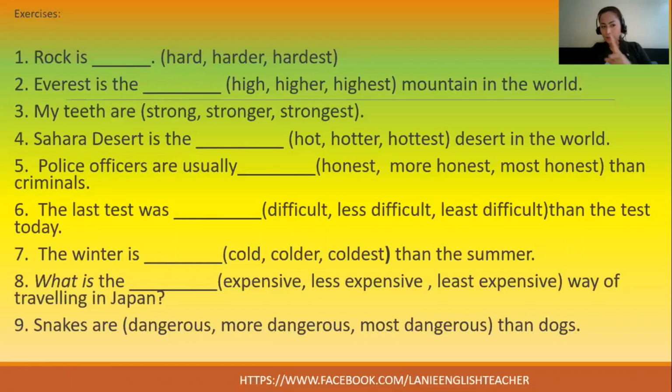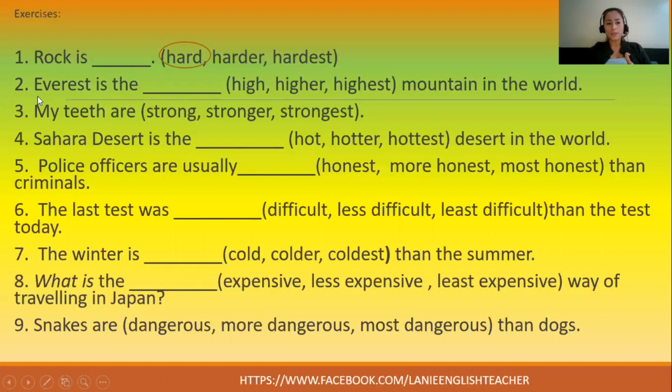Only one, right? We are talking only about rock. We are describing rock only, nothing else. So among the choices, the correct answer would be hard. Hard is in the positive form. So it becomes rock is hard.